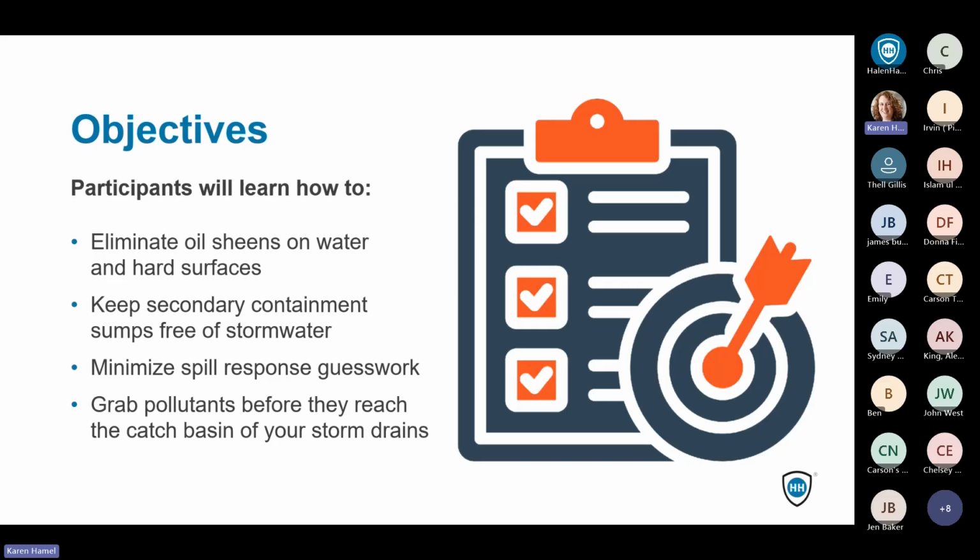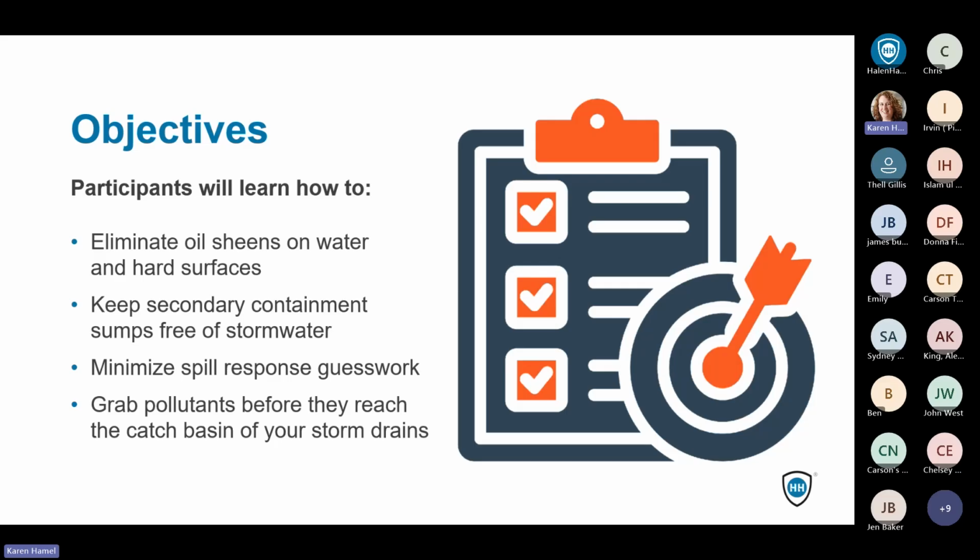We know that each stormwater pollution prevention plan is unique, and that each individual facility has its own unique challenges. But these are the things we see most commonly when visiting customers at all kinds of facilities and venues, and the things that we see a lot of people struggle with because they take a little more time and sometimes don't have to.